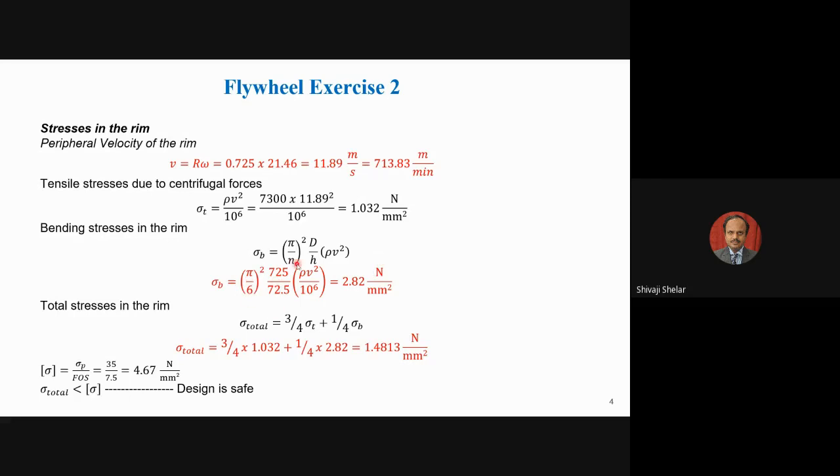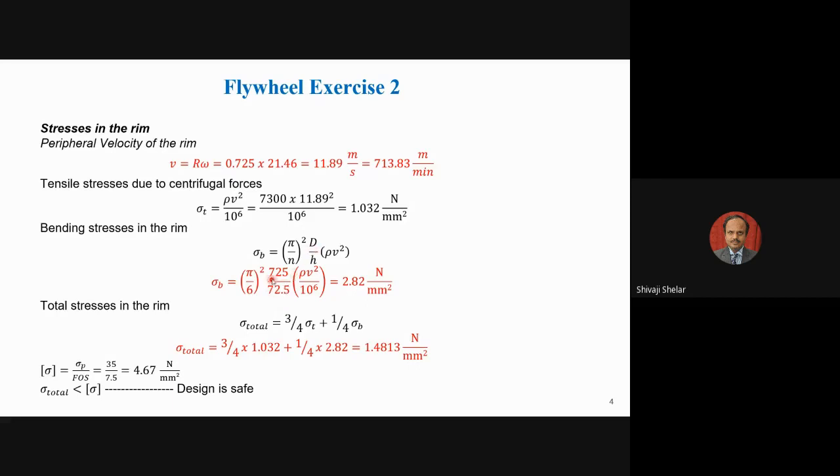We are considering here the number of arms as 6. Since my diameter is around 1500 millimeters, we can use the number of arms around 6 to 8. So let's go for 6 arms here. Then the diameter here is 725 mm, and the height of your rim is 72.5 mm.